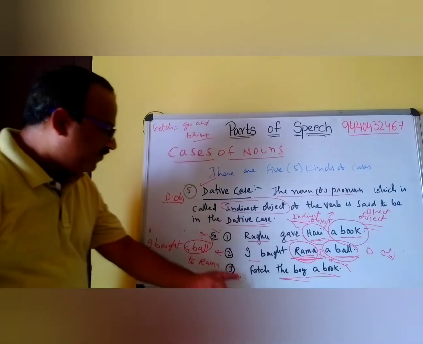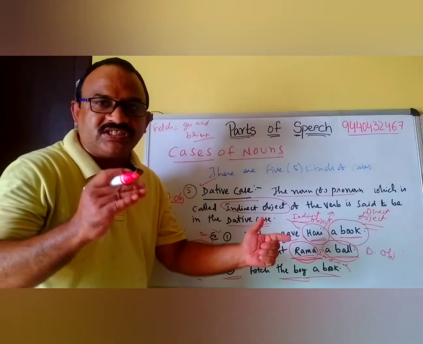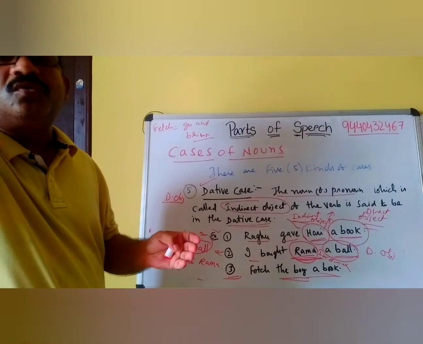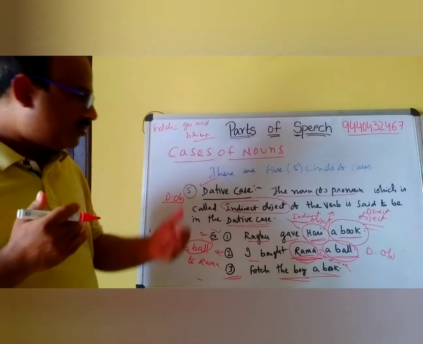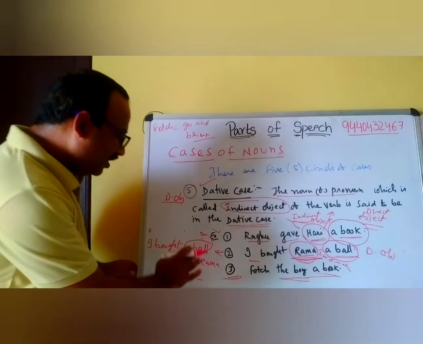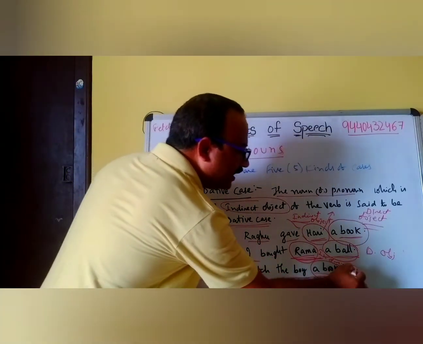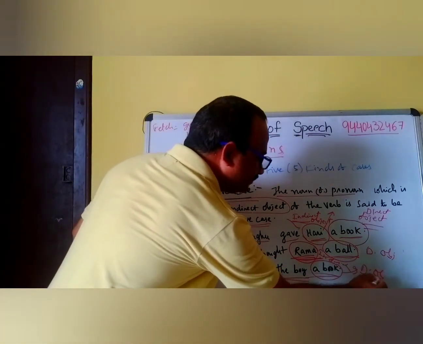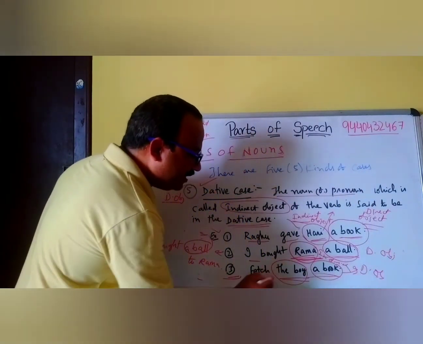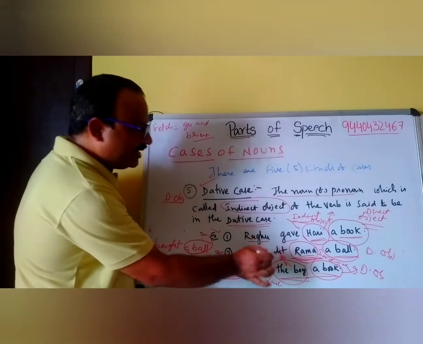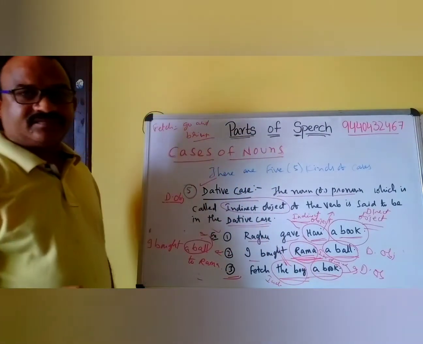So, fetch the boy a book means fetch a book to the boy. So, here a book is the direct object, the boy is the indirect object. So, here the boy is in dative case.